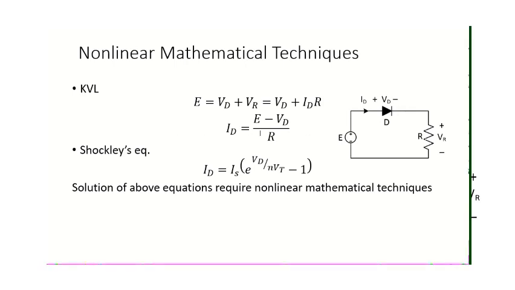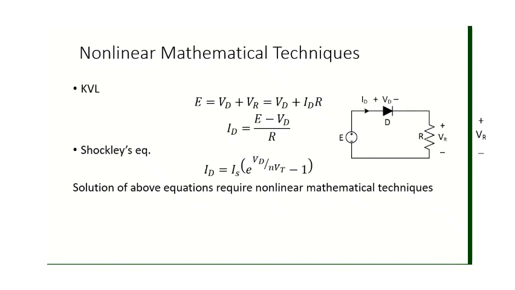So one of the unknowns, we'll just identify the current ID, which is ID is equal to E minus VD divided by R. This is the maximum current which flows through this circuit and through the diode.